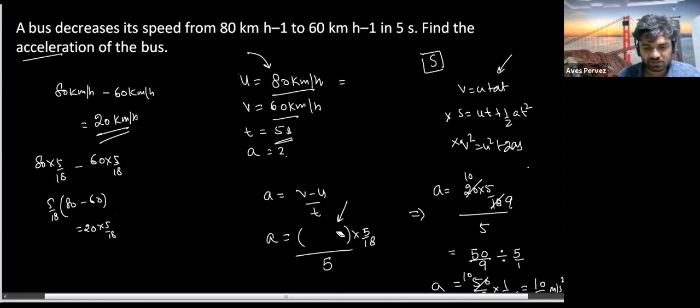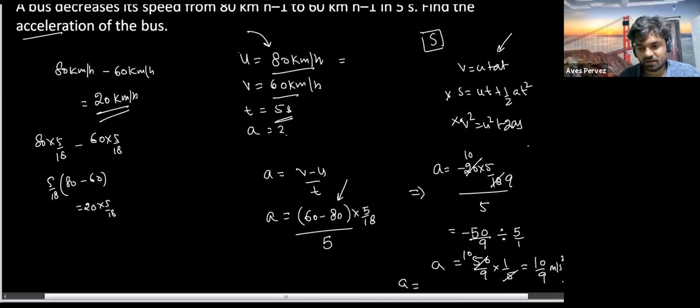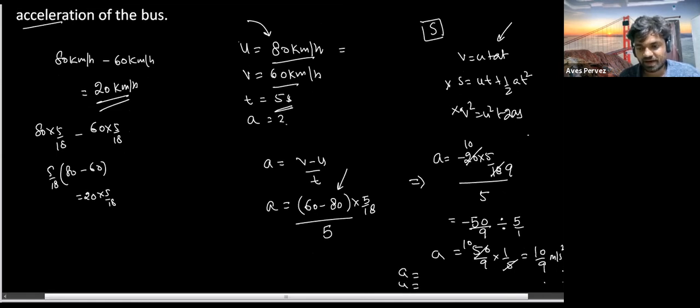Here you have to write 60 minus 80, which is minus 20, and this will be minus 50 by 9. The acceleration will be minus 10 by 9, that is minus 1.1 meter per second square.